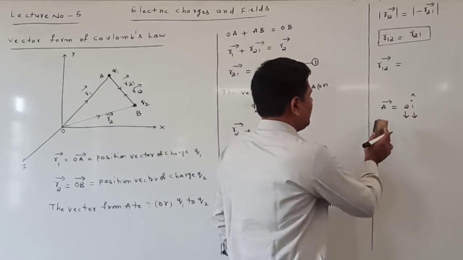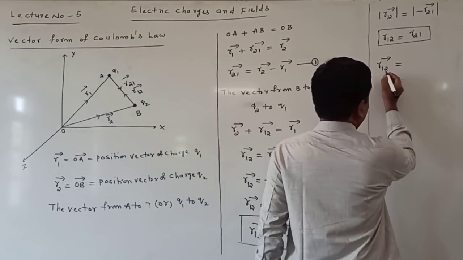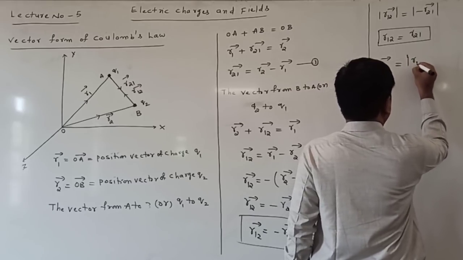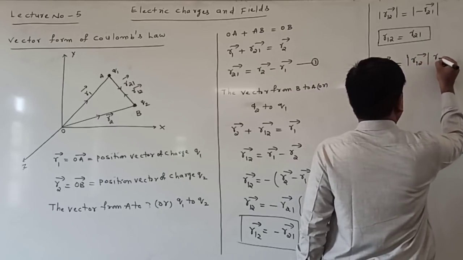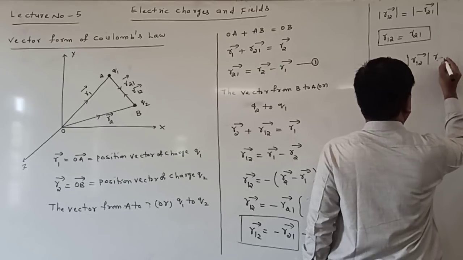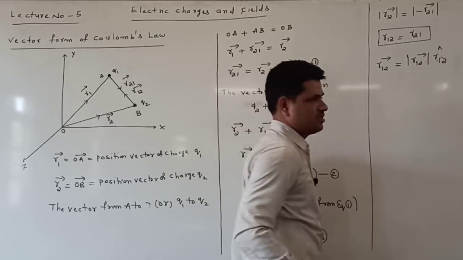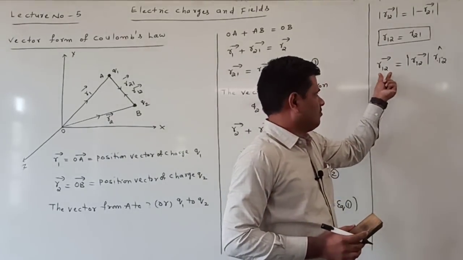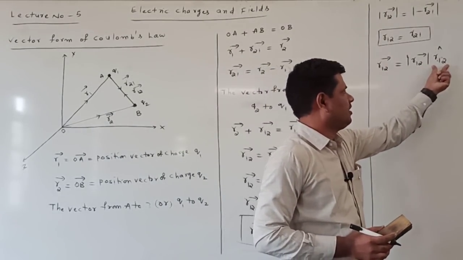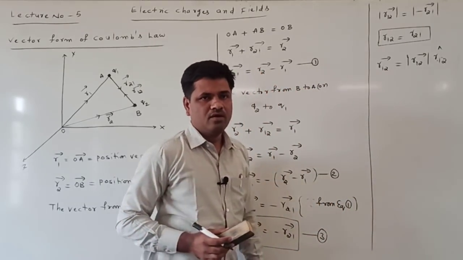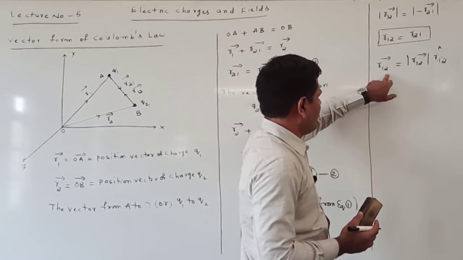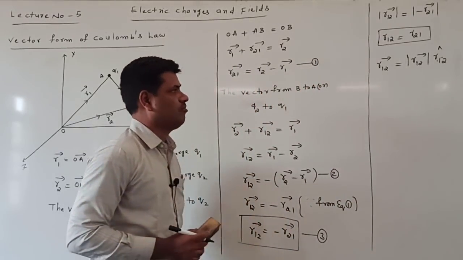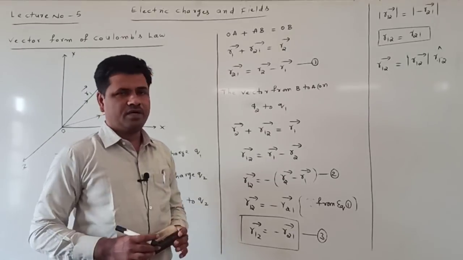Similarly, any vector R12 bar can be written as its magnitude, mod R12 bar, into R12 cap. This is the magnitude of the vector R12 bar, and this is the unit vector of R12 bar. So R12 bar is equal to mod R12 bar into R12 cap.